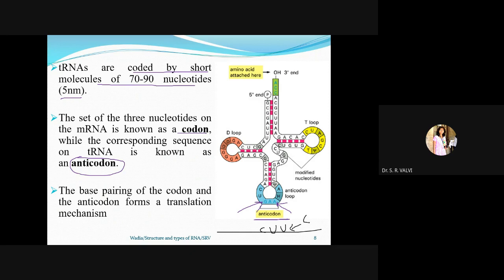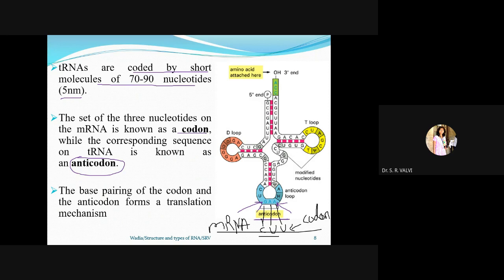These are the codons which are present on the mRNA. The anticodon always joins: this G is going to join with C, A is going to join with U, again A is going to join with U. So these codons present on the mRNA join with the anticodon present on the anticodon loop of tRNA.